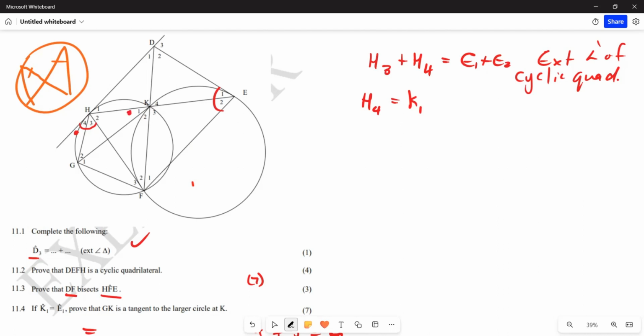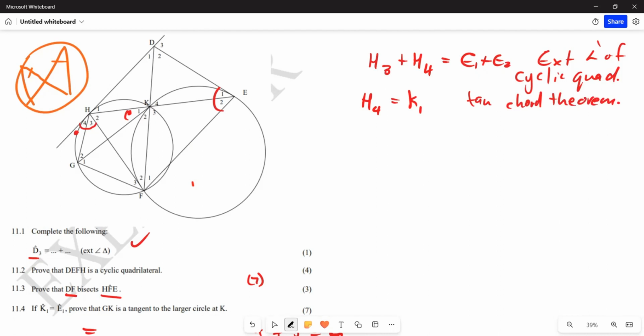Because this is going to be a tangent. If you are looking at triangle HKG, can you see that H4 is the tangent from this particular triangle? So this is going to be your tan chord theorem, right? This is going to be your tan chord theorem.